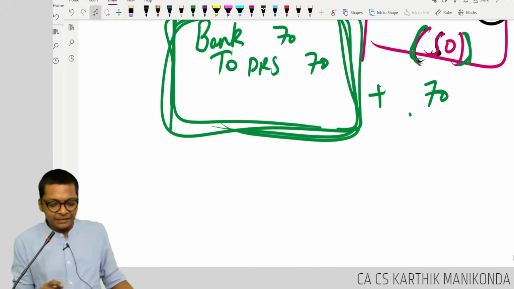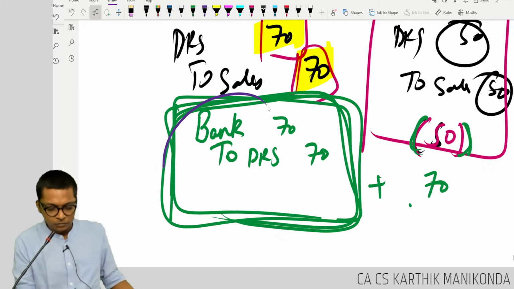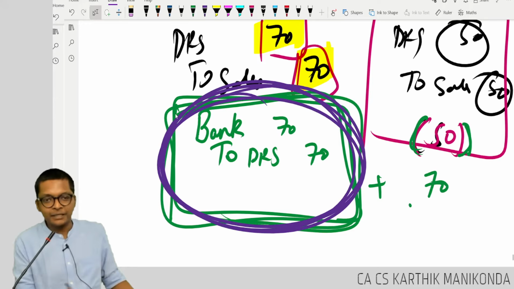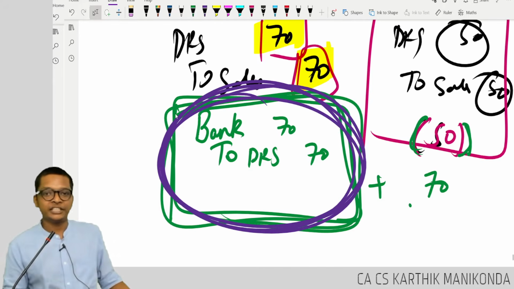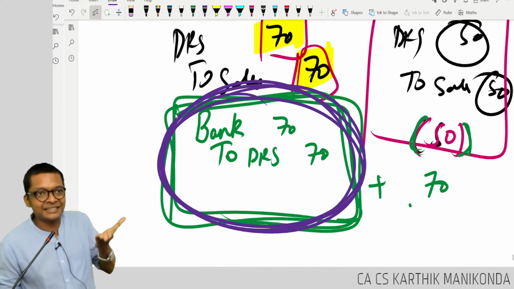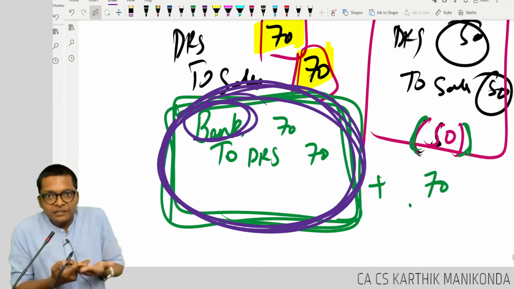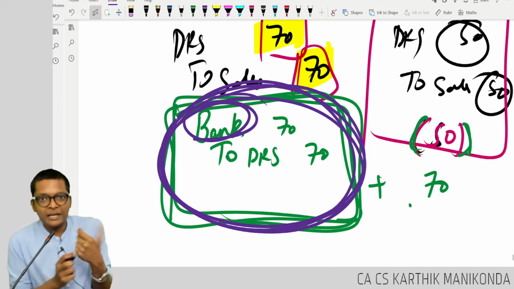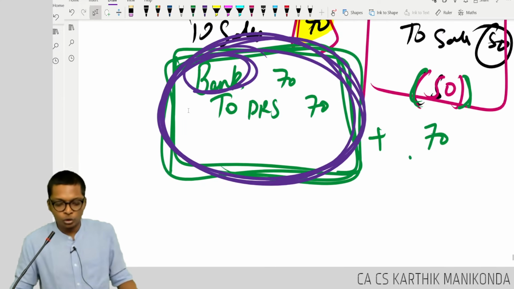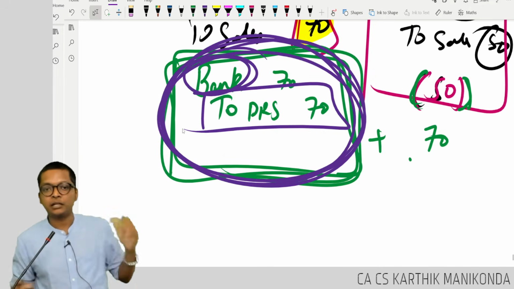This impact is coming where? This entry impact will come in the balance sheet, where bank is increasing and debtors is decreasing. I can't use bank because I am doing the balance for bank only. That difference only I am doing in cash flow, correct? So I will take debtors.